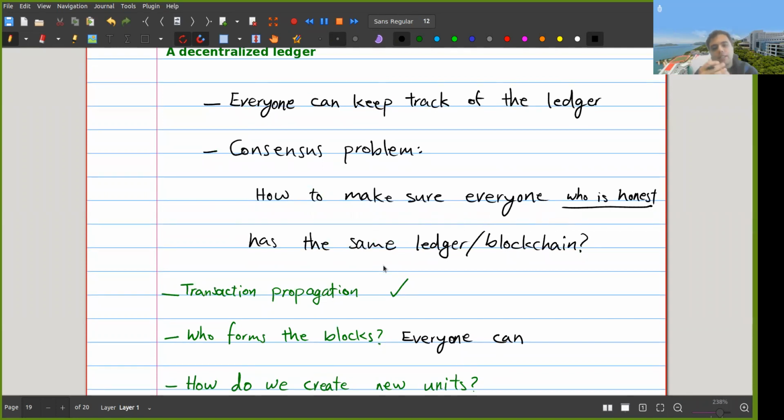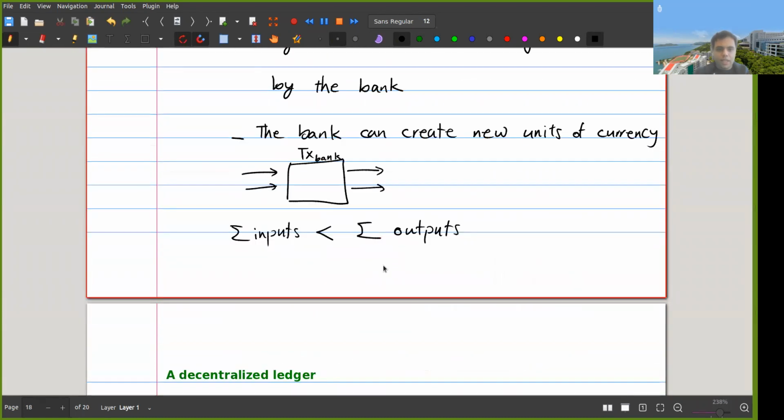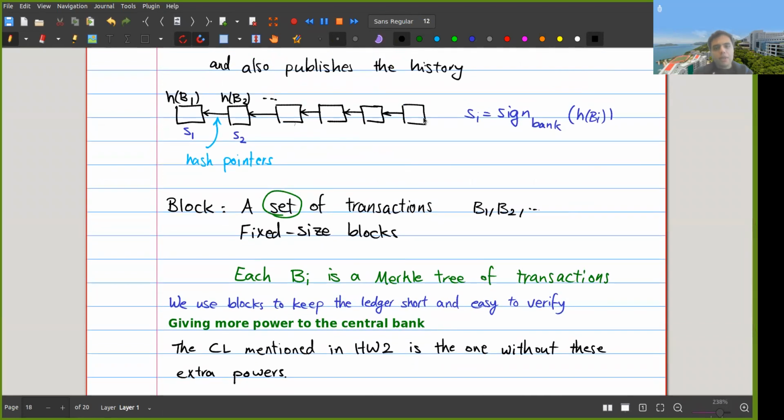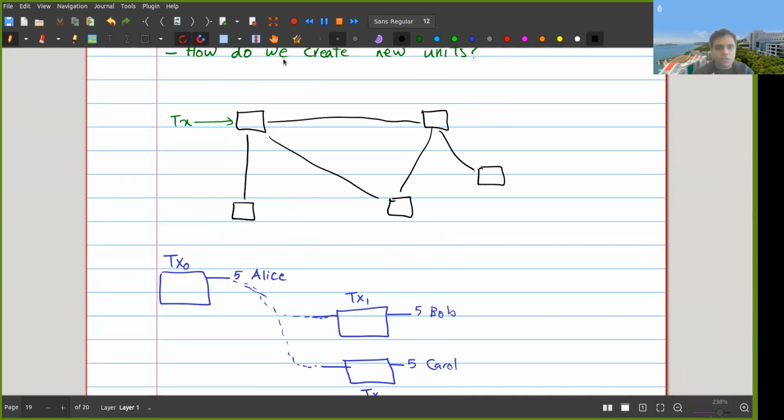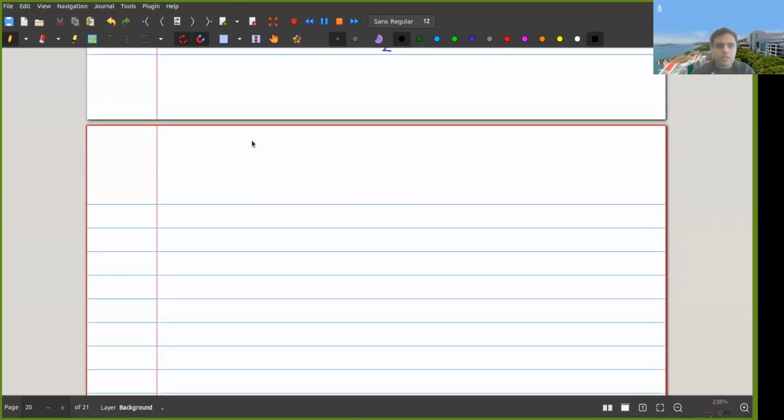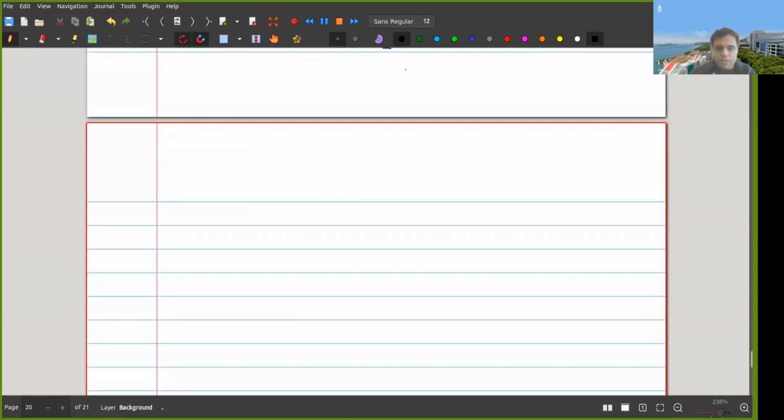If anyone can create new blocks, maybe one of the nodes creates a particular block and tries to add it to the end of the blockchain, and maybe some other node creates another block. In this case, I will not have a single blockchain, right? I will have two conflicting ideas of what the chain of events are, right? So let's say that this was my blockchain.